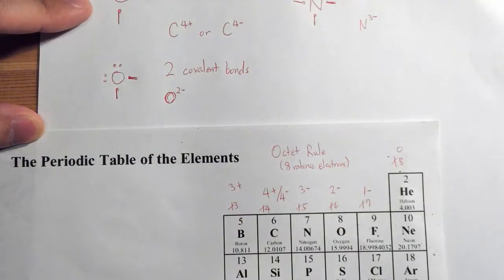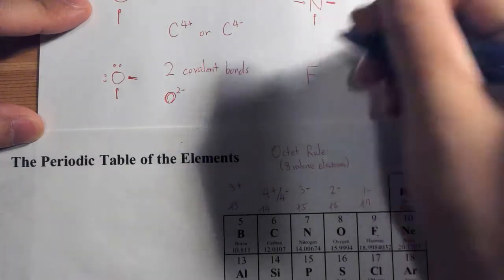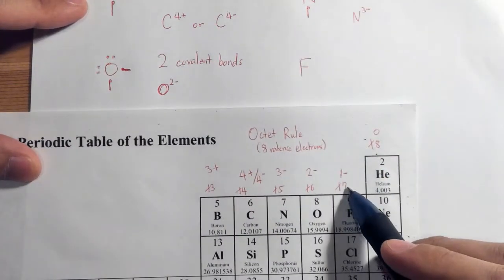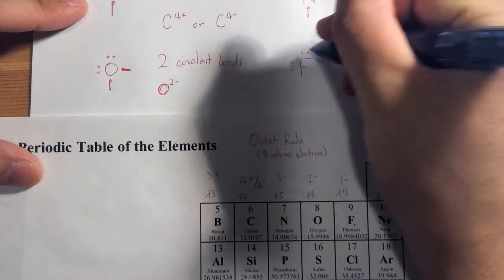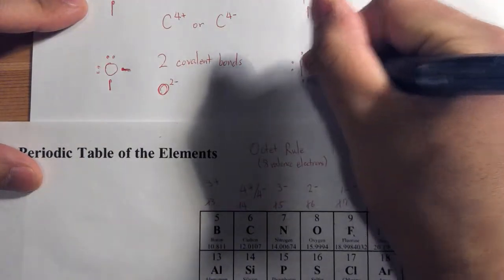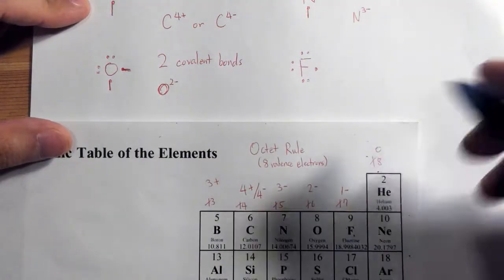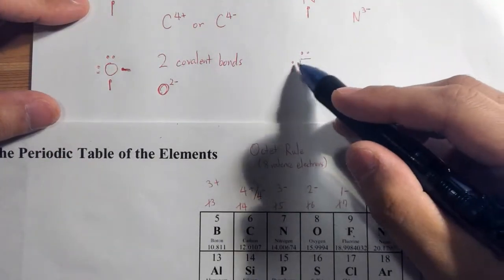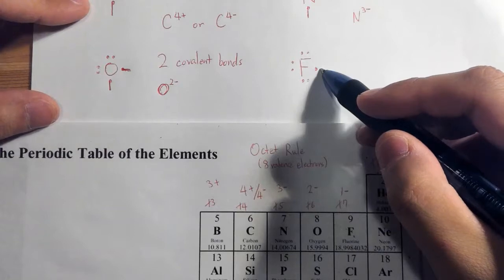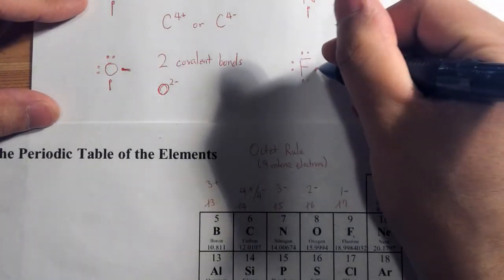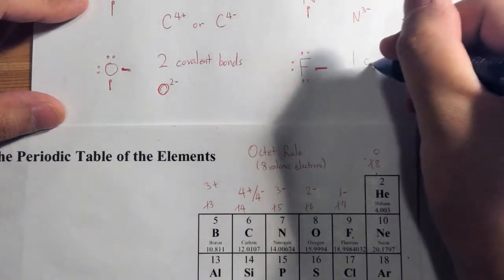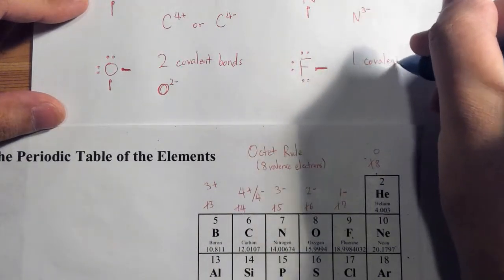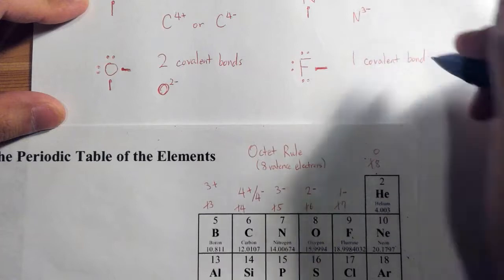Next is fluorine. Fluorine contains 7 valence electrons. So I'm going to draw 7: 1, 2, 3, 4, 5, 6, and 7. So there are 3 shared electrons and 1 single electron that needs to be paired. So I'm going to put a line here to represent that there's going to be 1 covalent bond created from here.